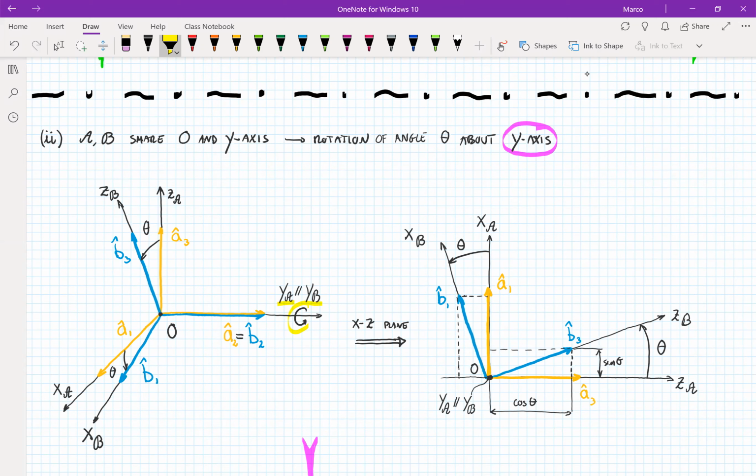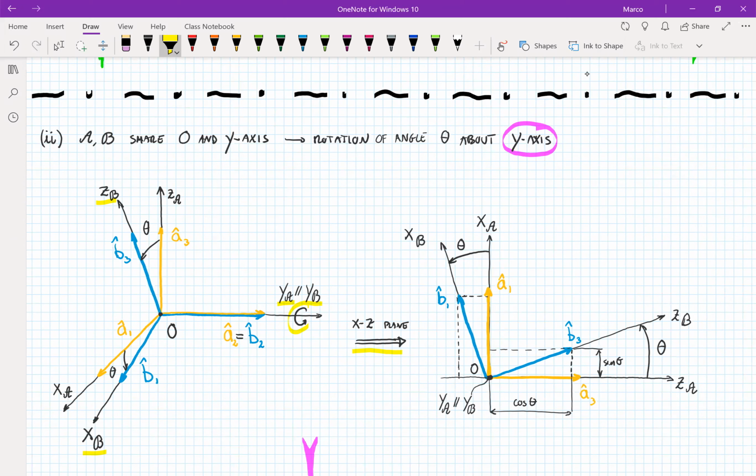What changes is the x-axis and the z-axis. So as we saw before, if we take a look at just the plane in which the rotation takes place, now this plane is the xz plane.